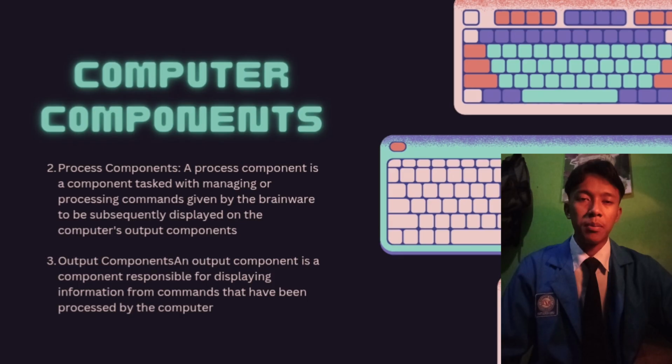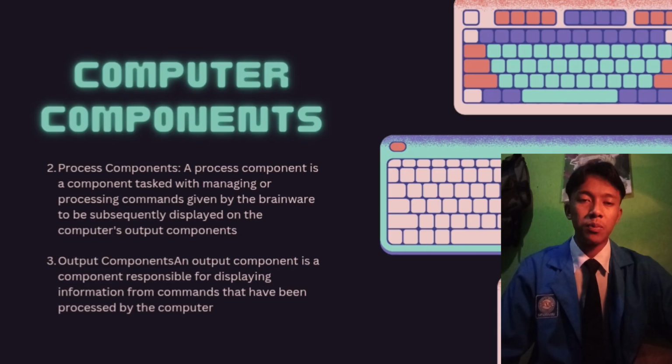Number 2, processing component. Processing components are responsible for managing or processing command given by the user so that they can later be displayed through the output component. Some example of processing component include the processor, CPU, motherboard, hard drive, and RAM.